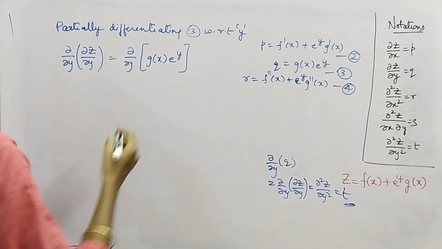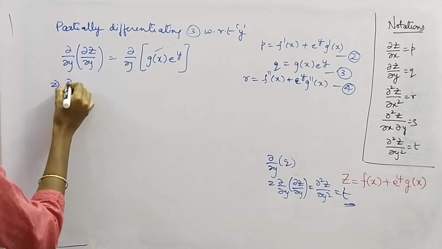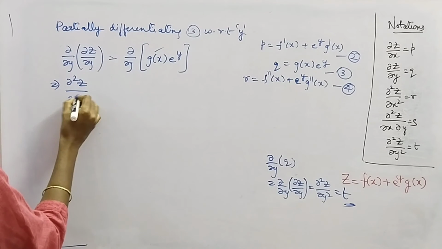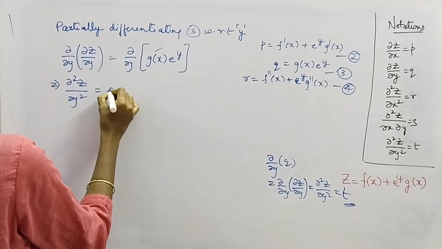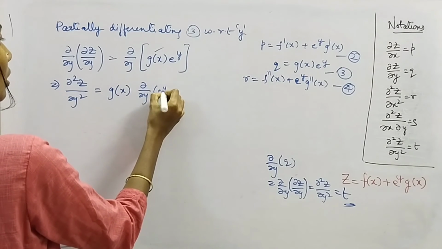Since we are differentiating with respect to y, we'll treat g of x as constant here. This gives us dou square z by dou y square equal to constant into dou by dou y of e power y.